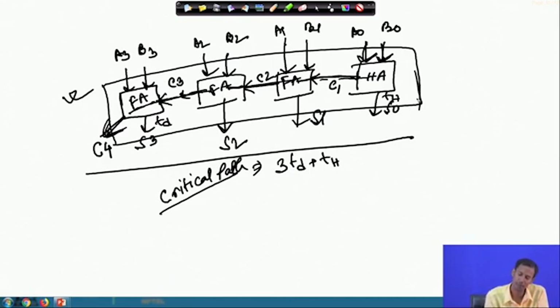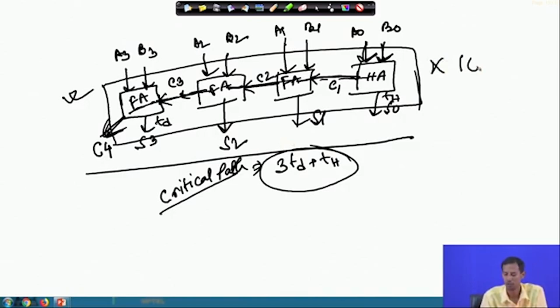If I increase this number to 32 or 16 or 64, this will also increase. For 16 bits, it will be 15Td plus Th.